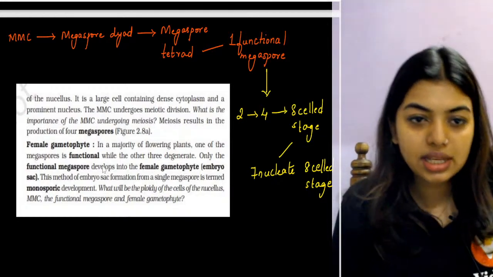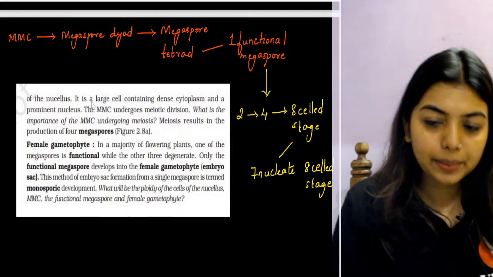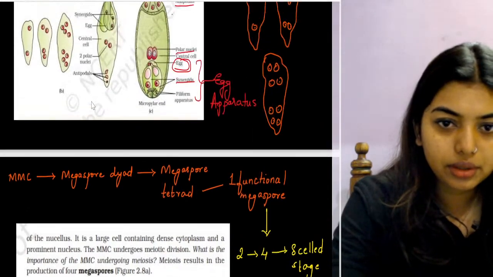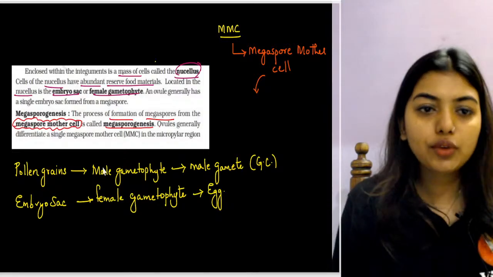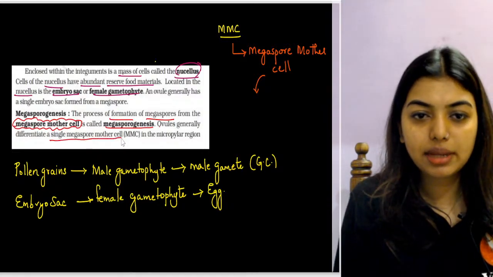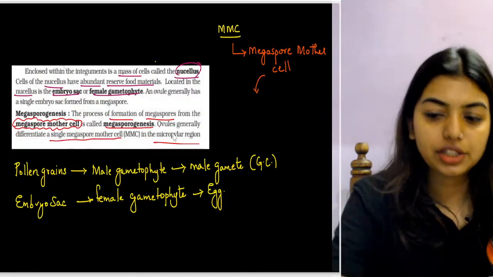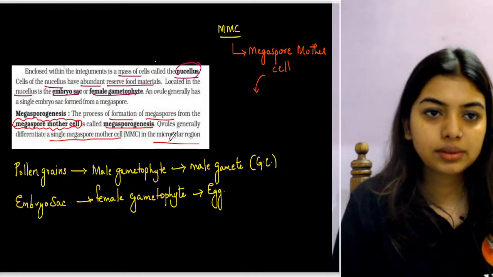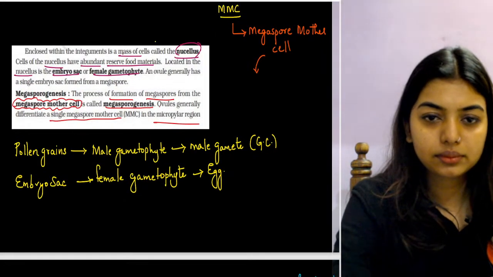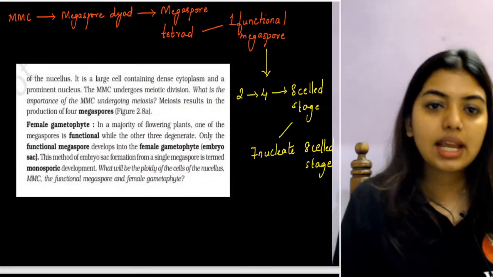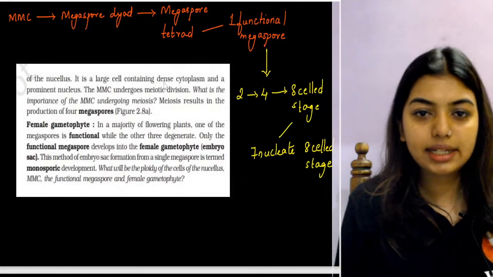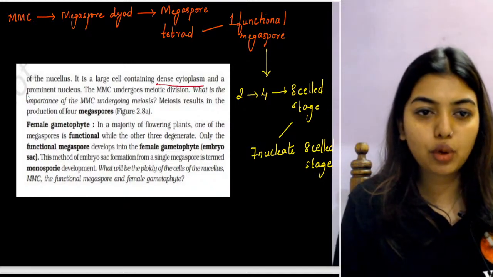So look here, students. Let's see what's the continuation. Ovules generally differentiate a single megaspore mother cell in the micropylar region of the nucellus. It is a large cell containing dense cytoplasm and a prominent nucleus.